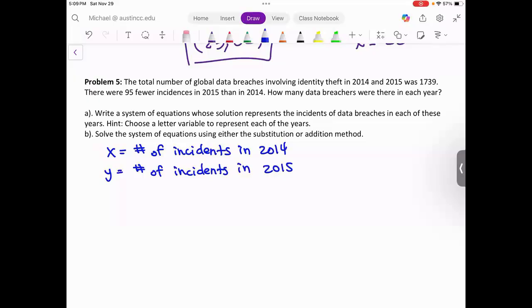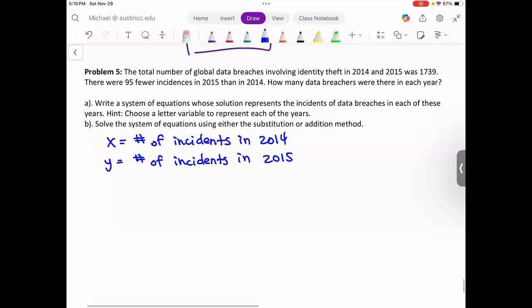So here we need to figure out what are our equations that we can use. We know that the total number was 1,739. So however many there were in 2014 plus however many there were in 2015 is going to be 1,739. And then there were 95 fewer in 2015 than in 2014.